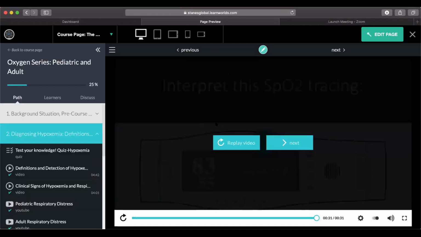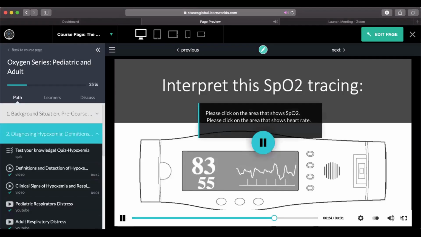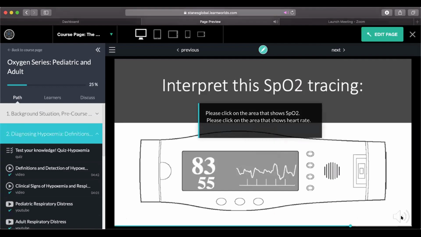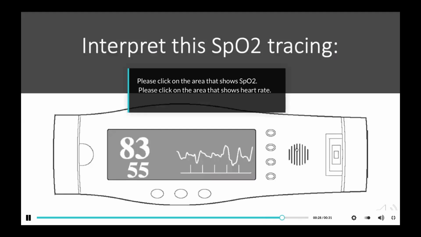And so we'll get some good explanations about this pulse oximeter reading through that process. So you can see you can click on the area that shows SpO2.